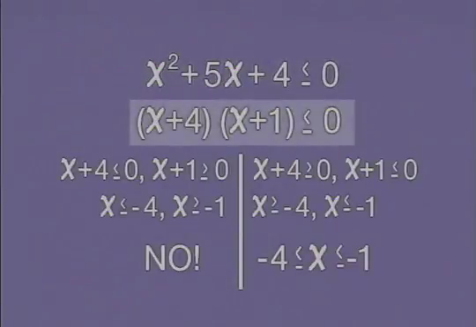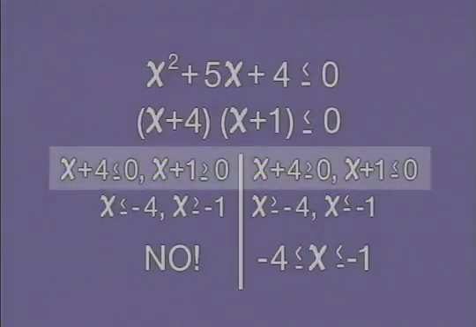So you'll notice that we factored the quadratic trinomial to x plus 4 times x plus 1, and we have our two possible solution areas. We have x plus 4 is less than or equal to 0, which means and, x plus 1 is greater than or equal to 0.